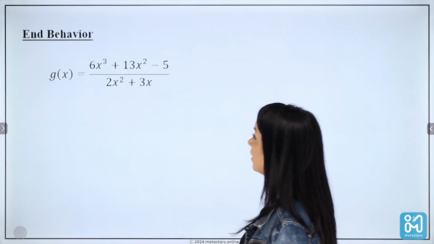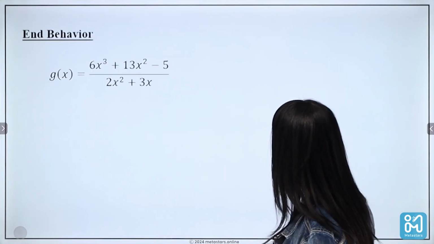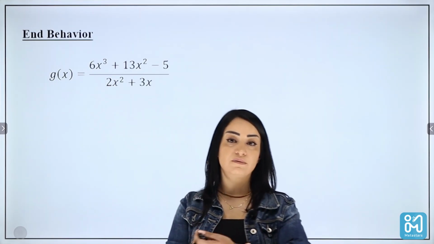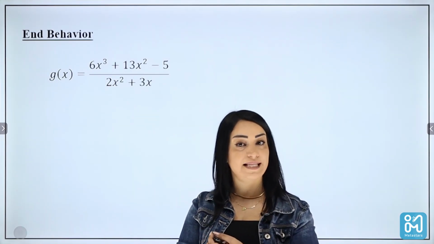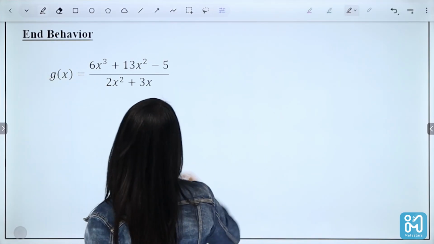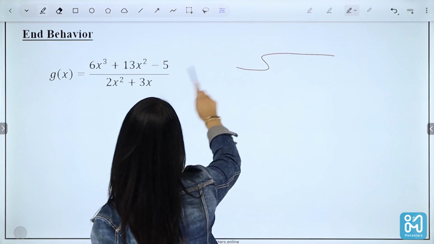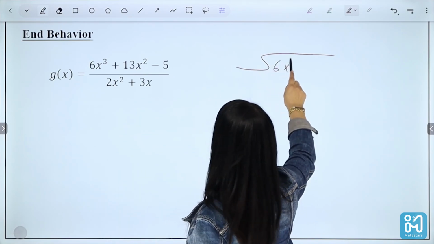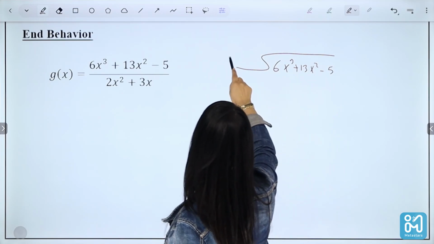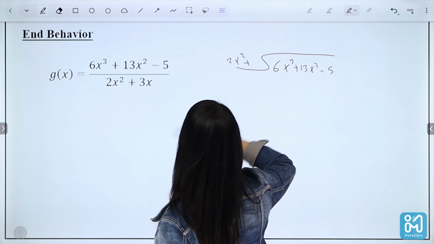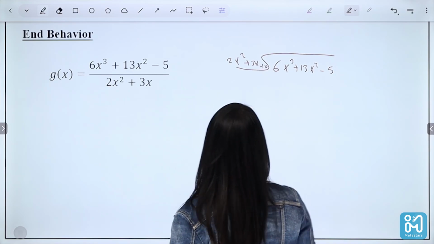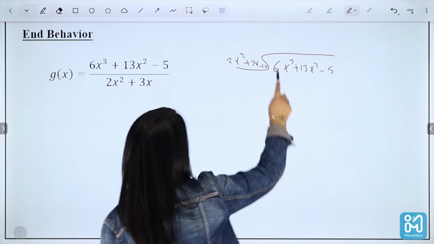Now let's find the end behavior for this one. Also here we have the degree of the numerator greater than the degree of the denominator by 1, so it is also a slant asymptote. So let's divide (6x³ + 13x² − 5) over (2x² + 3x + 0). 6x³ divided by 2x² is going to be what?